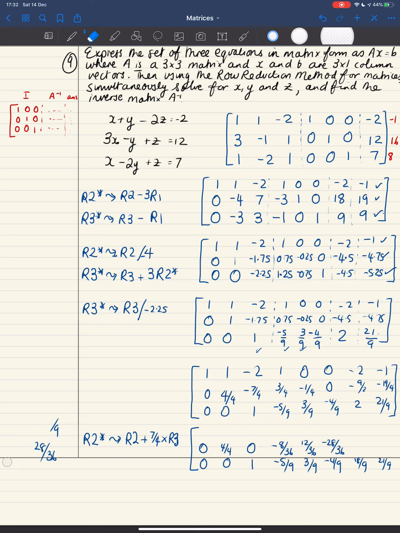Okay, and the next one is going to be minus 9 over 2 plus 7 over 4 times 18 over 9. So it's minus 9 over 2 plus 126 over 36, I think.